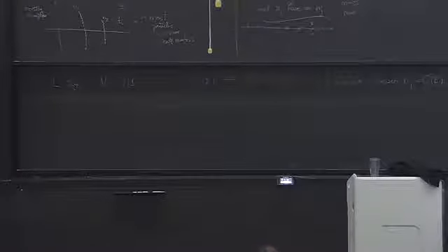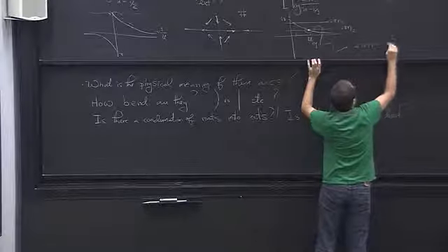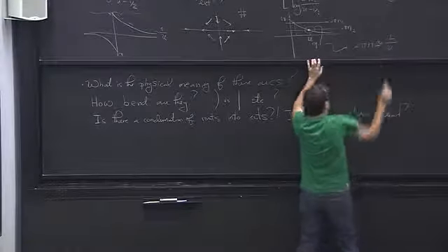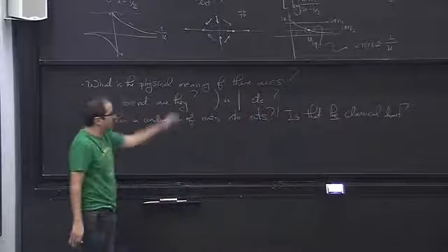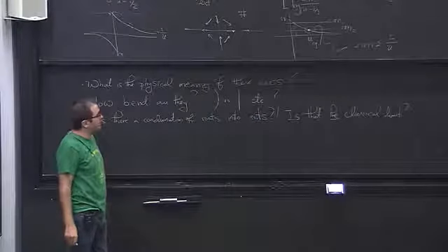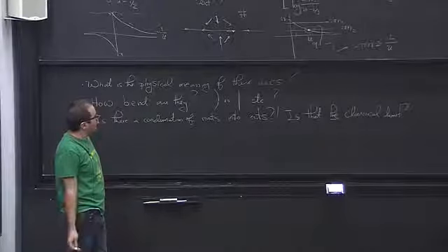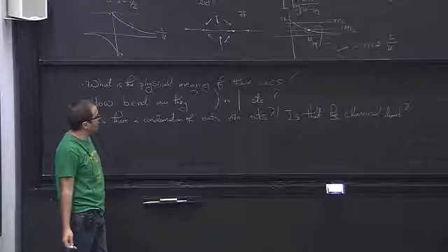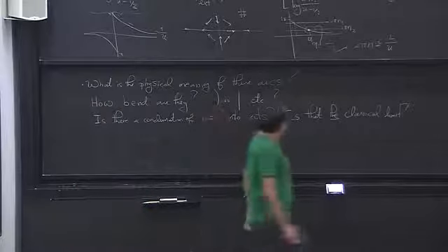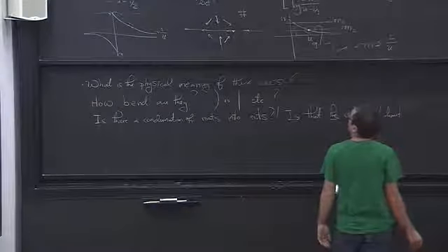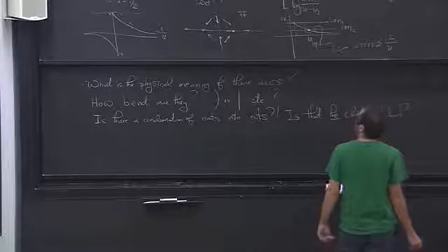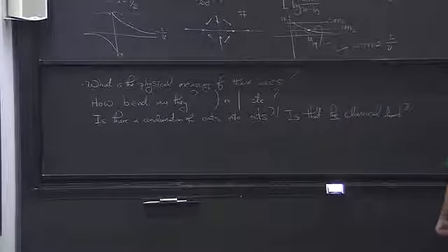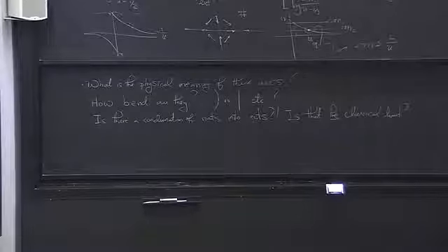This equilibrium position is roughly what? You equate 1 over x with this, so it's roughly 2 pi n equal L over U. Approximately equal, because the function is not exactly 1 over x, it's this log, but if you want to estimate more or less, this is it. So if n is of order L, U is of order 1, and if n is of order 1, U is of order L. So I said it wrong. N of order L, U of order 1. N of order 1, U of order L. Okay. So we want n of order L.